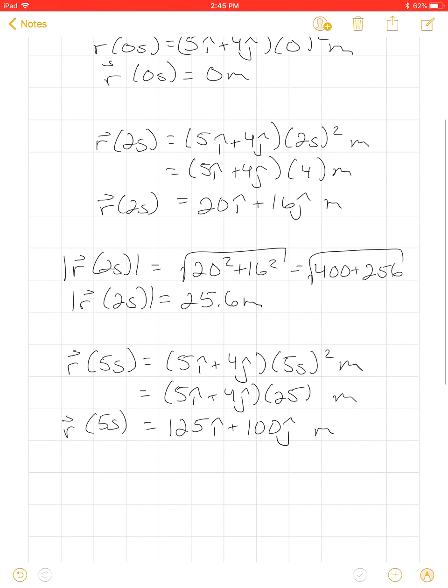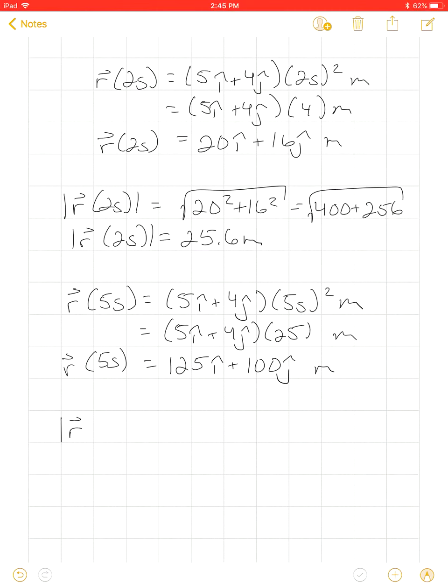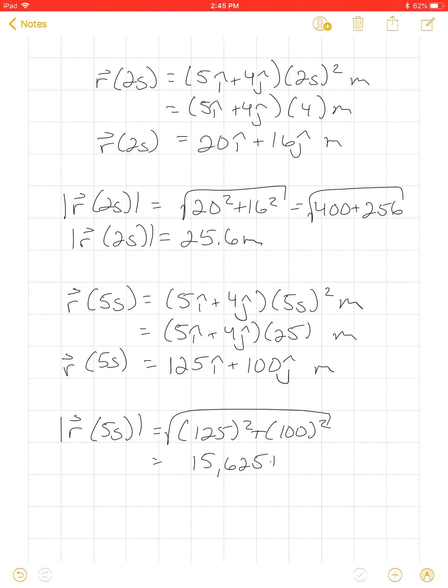So now we want the magnitude of this. That's going to be given by the square root of 125 squared plus 100 squared. Okay, 125 squared is 15,625, plus 100 squared is 10,000.